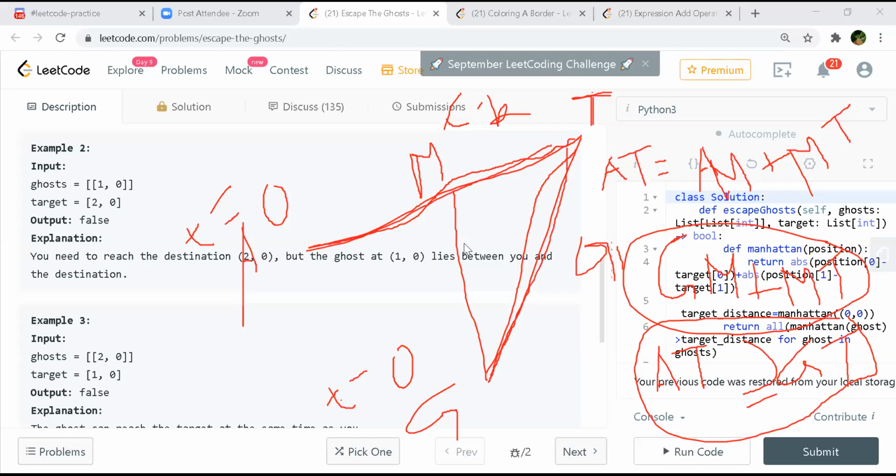The ghost would not try to take this path, because that would not be efficient for him. So both of them would move this way, and then we calculate the distance. If AT is shorter than GT, then we can say that the person will reach the target.